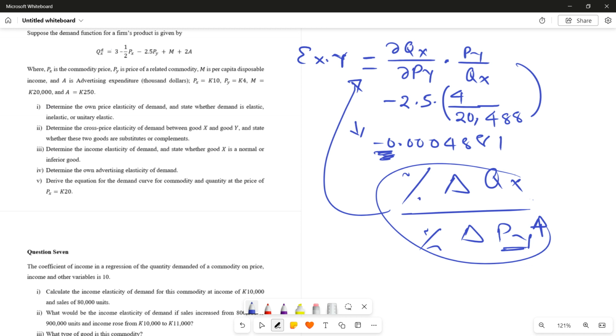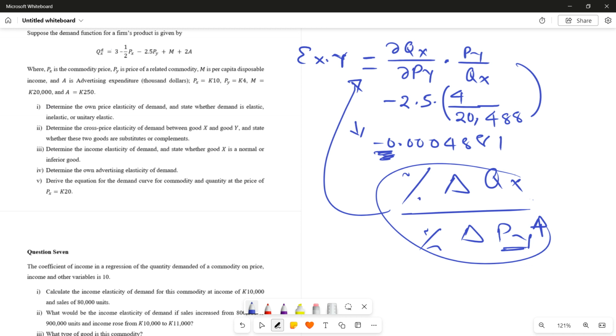Why? Because due to the fact that the price of good Y has gone up, the law of demand requires that the quantity demanded of good Y should fall. But what we are seeing is that the quantity demanded of good X is also falling, meaning that the two goods are complements. They are just complementing each other.